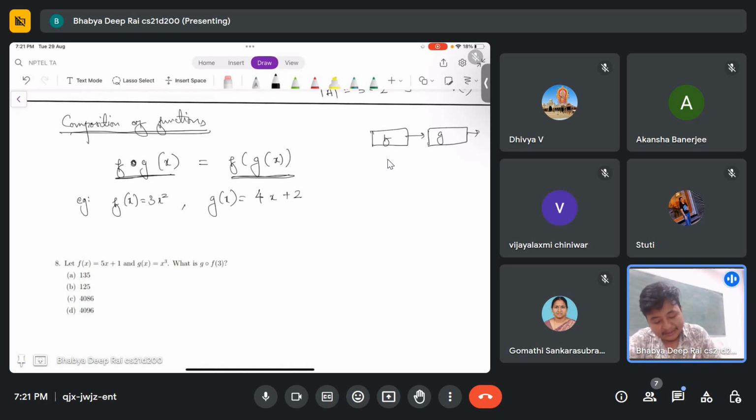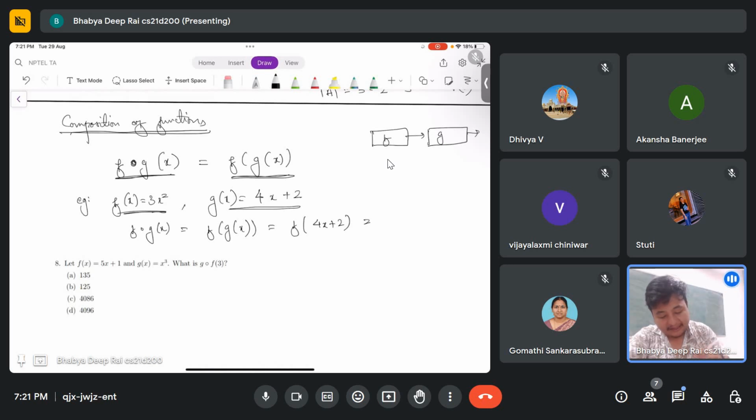For example, if F of X is 3x square, G of X is 4x plus 2, F composition G of X equals F of G of X. Now what is G of X? 4x plus 2, right? I'm simply substituting G of X here. Now what is F of 4x plus 2?